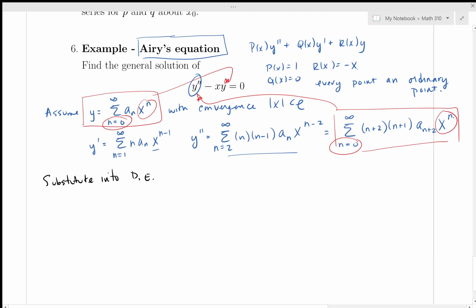differential equation. That is this thing here, obviously, y double prime minus xy equals 0. So I take the expression I have for y double prime, and that is this here. I subtract x times the power series I have for y, and I write that out like this.